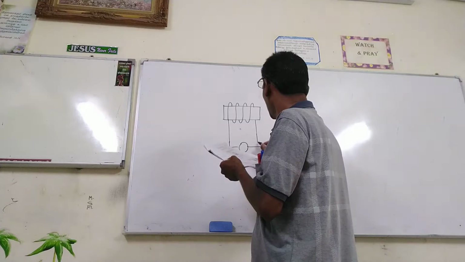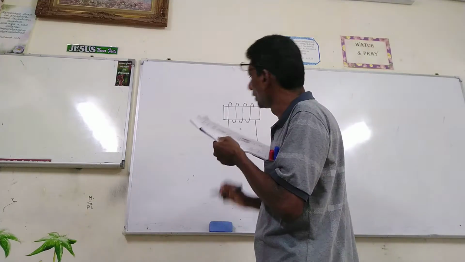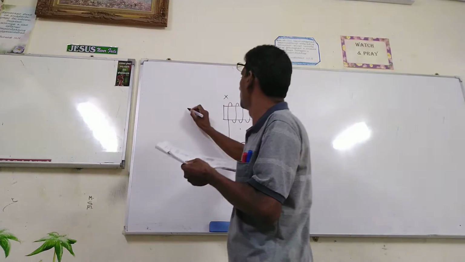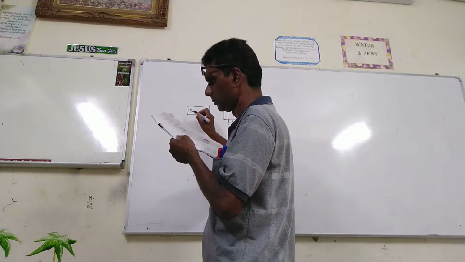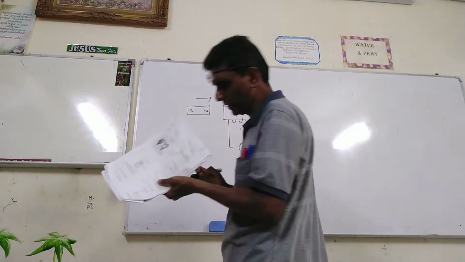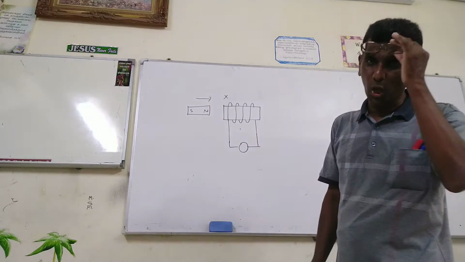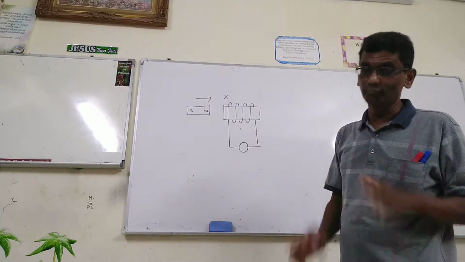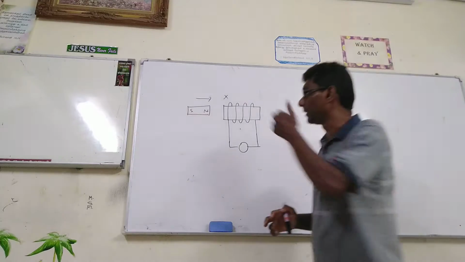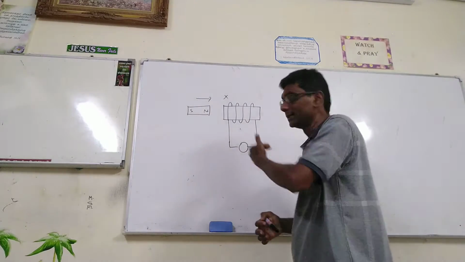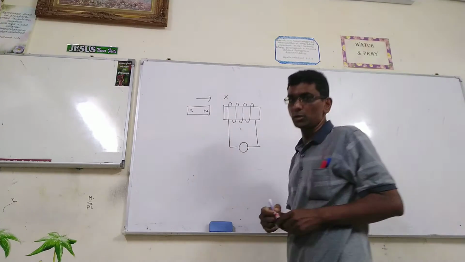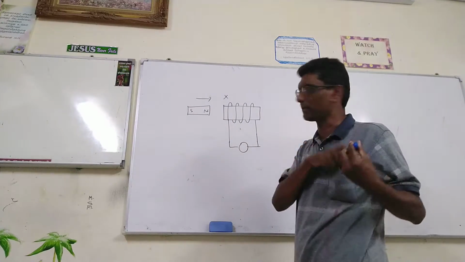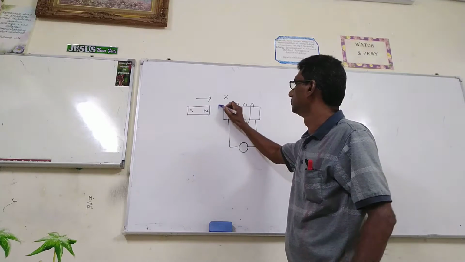This is a galvanometer. We put X. So they put the bar magnet, north pole and south pole. So the magnet is pushed in. According to Lenz's law, which you learned before, when they push in the magnet, the poles must be the same. So the pole X must be north pole.